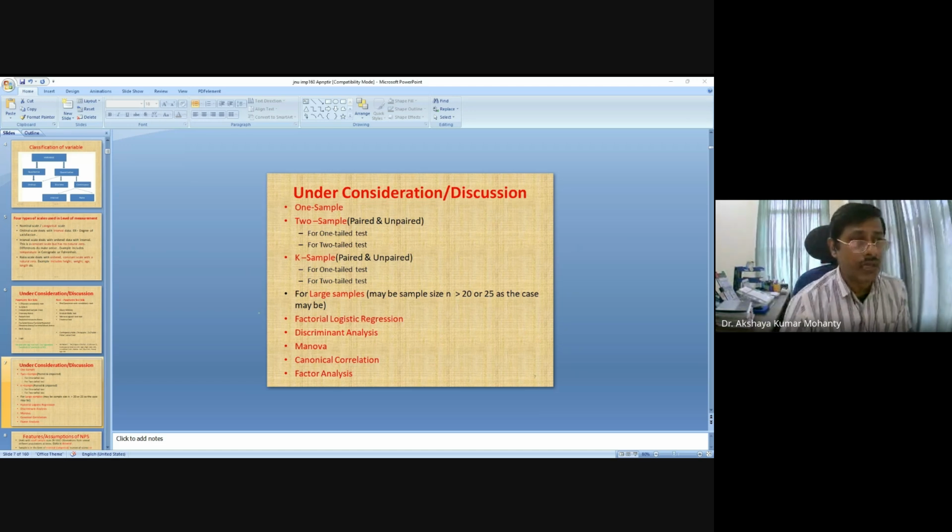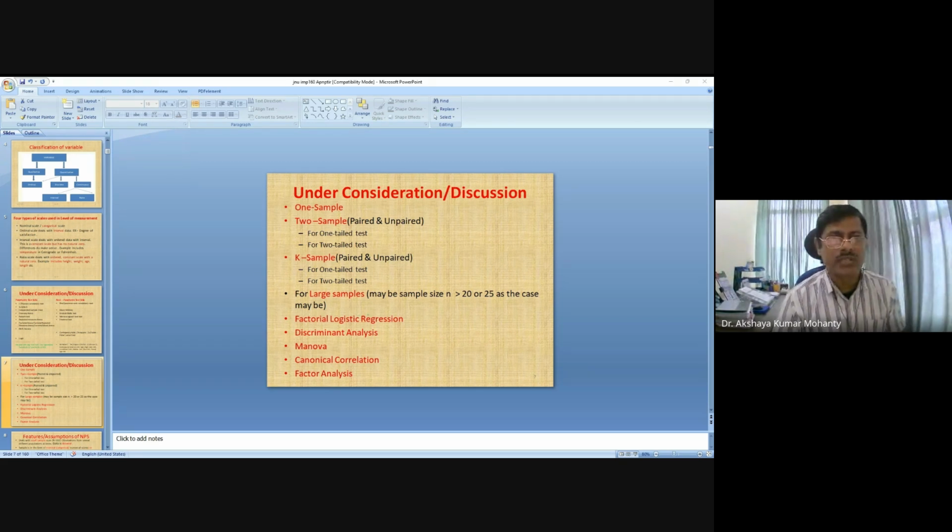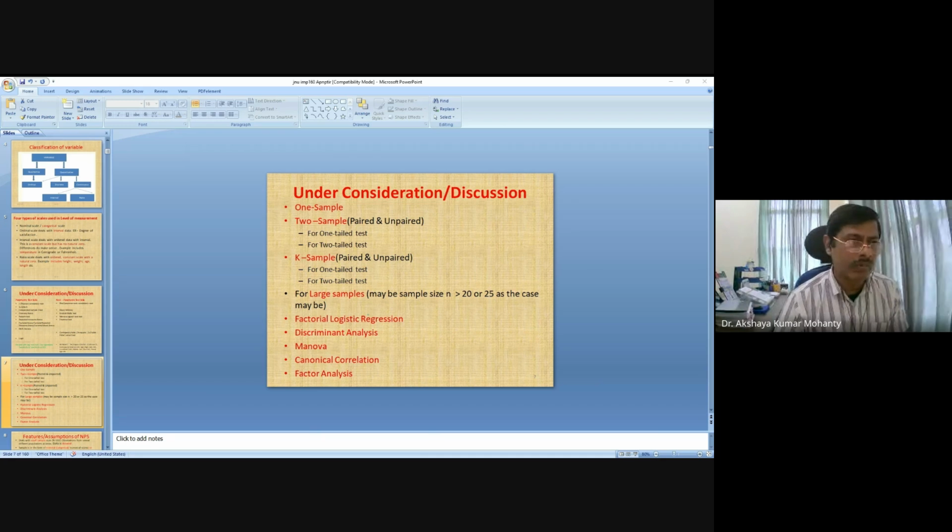We will also see large samples, and it varies from sample to sample. Sometimes we take a sample size greater than 20, and sometimes greater than 25. If that is the case, what will happen? Then factorial logistic regression and discriminant analysis, ANOVA, canonical correlations, and factor analysis. So these are the considerable parts which we have to deal with.